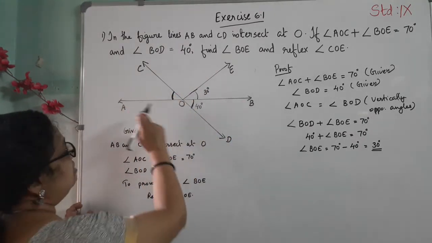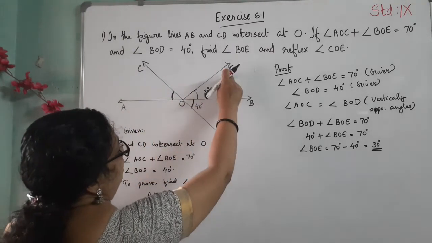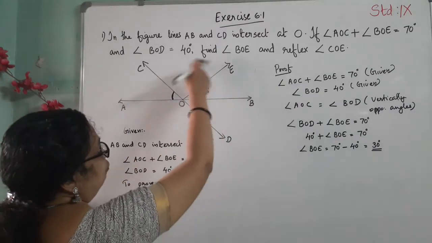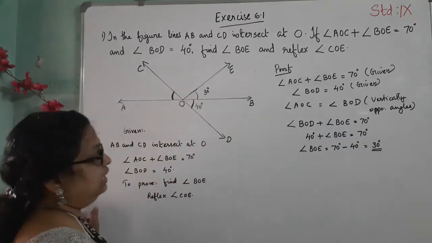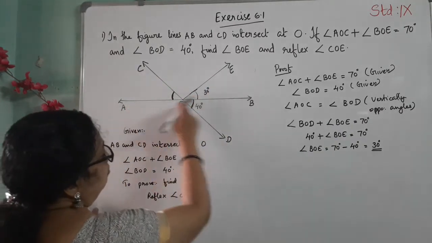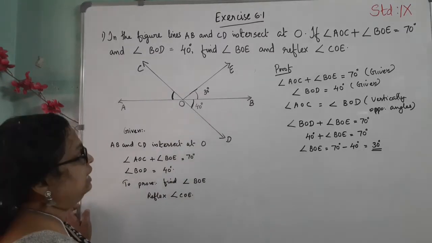In the figure, listen, angle AOC plus angle COE plus angle EOB, these three angles together form a straight line, and the measure of a straight line is 180 degrees, that we know.